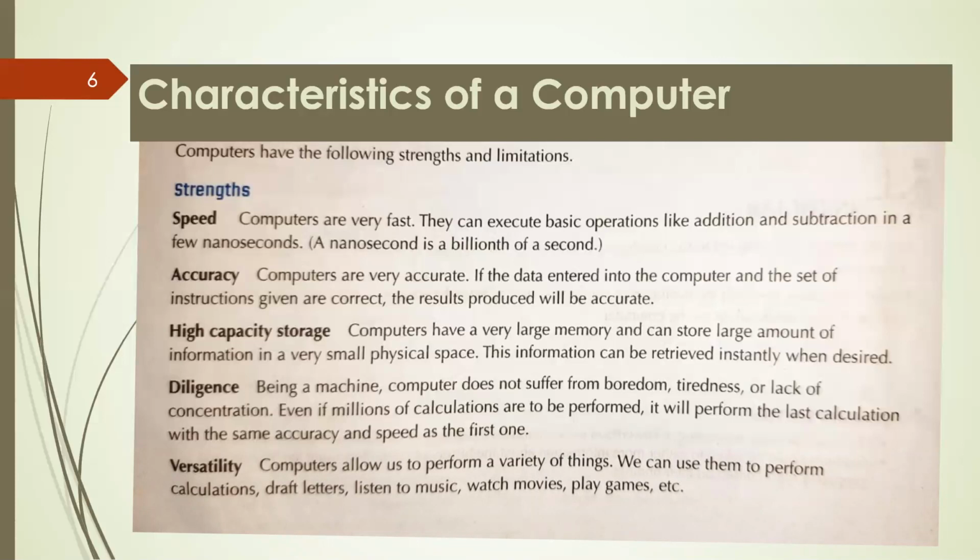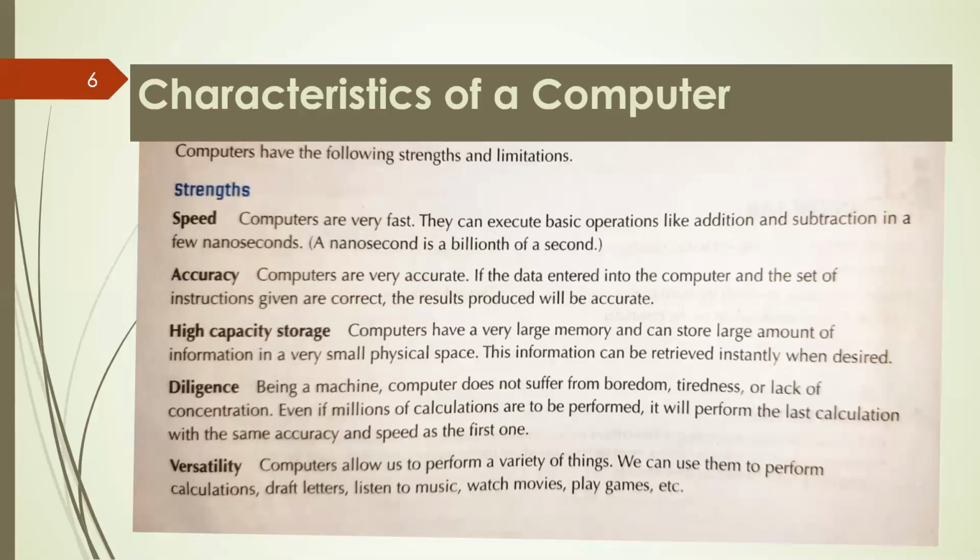For example, as a human being, a versatile singer. Why is a singer called versatile? Because that particular singer can sing almost all types of songs. Like the same, one of the characteristics of the computer is called versatility.